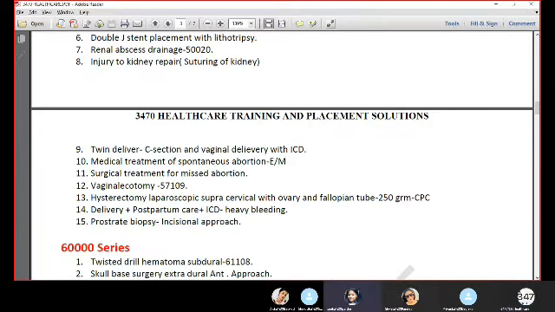Next one is surgical treatment of missed abortion, first trimester. 59820. Which kind of abortion? Missed abortion. Okay, then 59820.